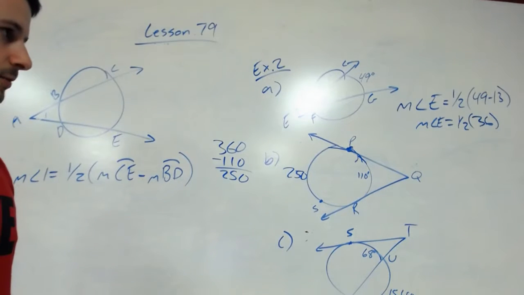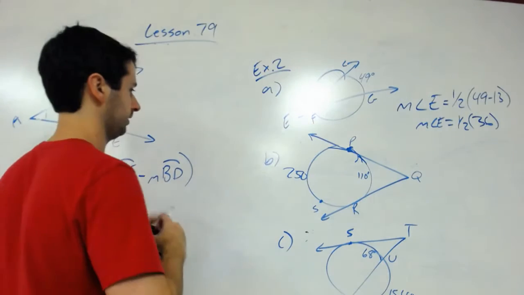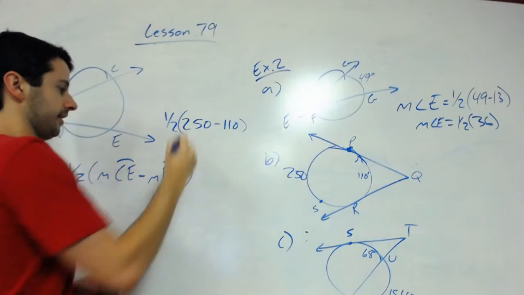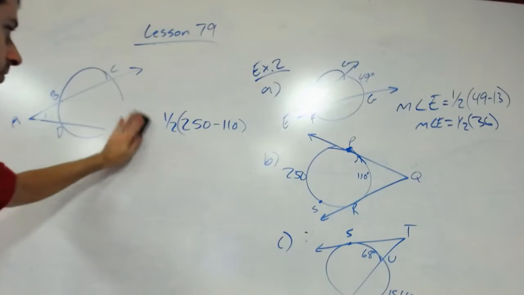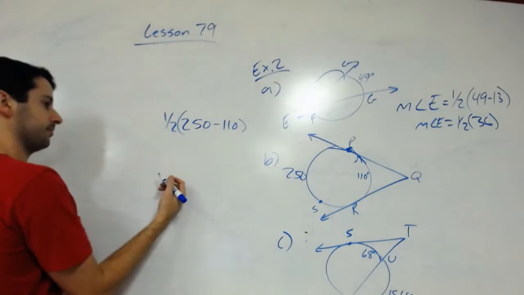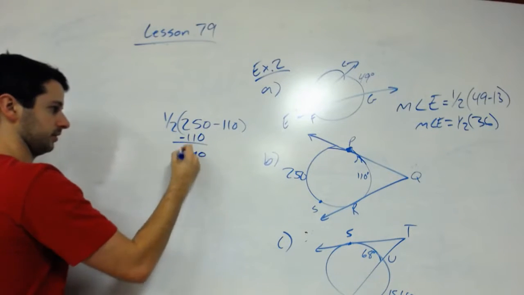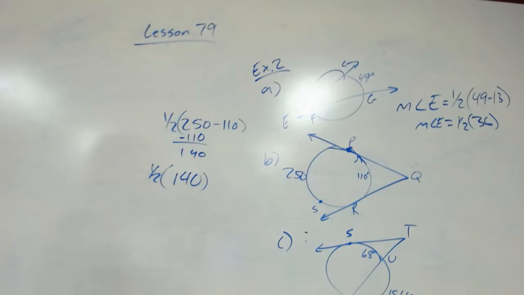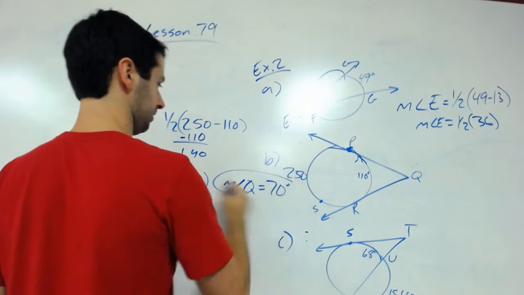And so then we use our formula of 250 minus 110 times 1/2 to find Q. We have to do order of operations, solve inside the parentheses first. 250 minus 110 is 140. Multiply that by 1/2, and you find that the measure of angle Q equals 70 degrees.